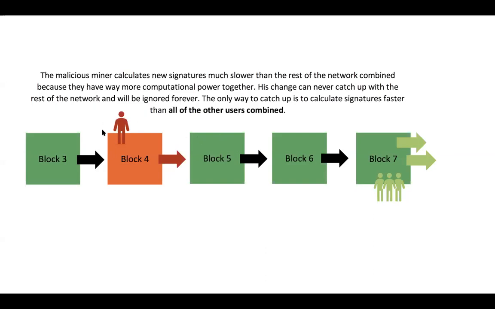For the attacker to win, the attacker needs to replace the chain starting from, say, block 4 and make a longer chain. And then all the other users will adopt the longer chain. So his goal is to catch up from block 4 all the way to block 7 and pass it, block 8, and say, okay, I've got the longer chain. Everyone use mine now.